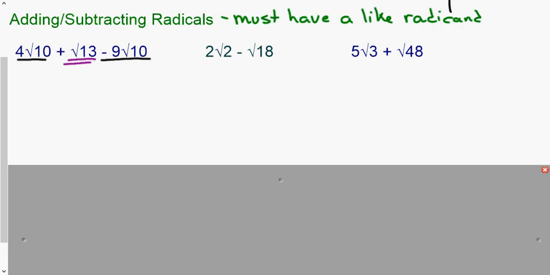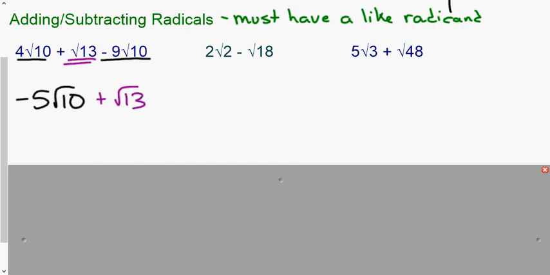And again, when I add these, because we always add like terms, 4 root 10 plus negative 9, you're just adding those outside coefficients. Negative 5 root 10. Again, the inside value does not change.